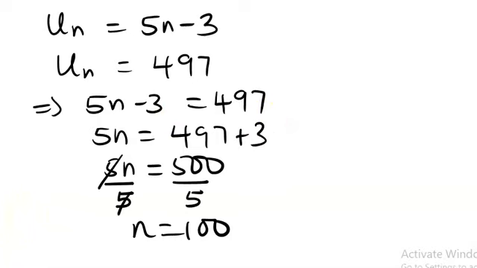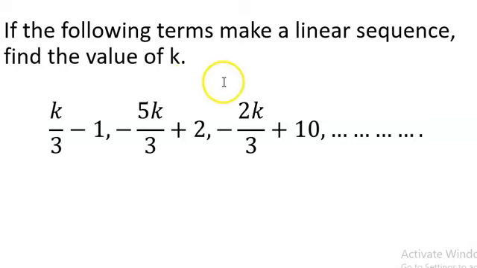Let's take another question. If the following terms make a linear sequence, find the value of k. I want you to bear in mind that for a linear sequence, when you take the difference between any two consecutive terms, we are going to get the same value as we have demonstrated.